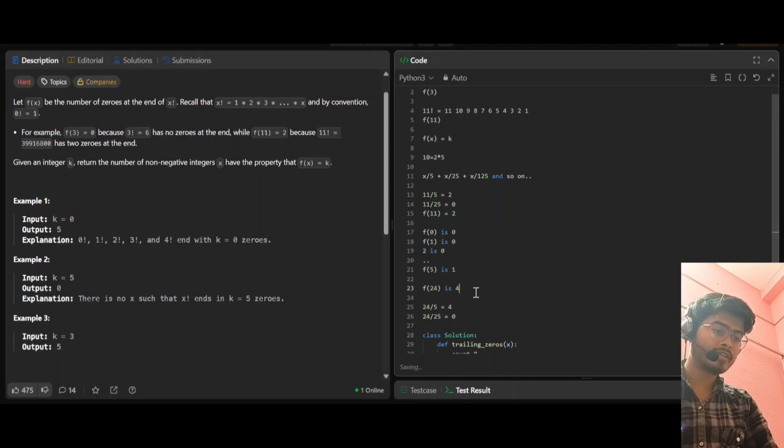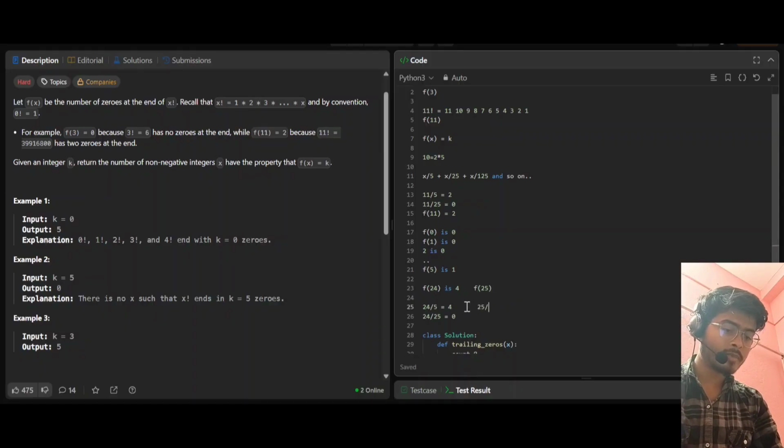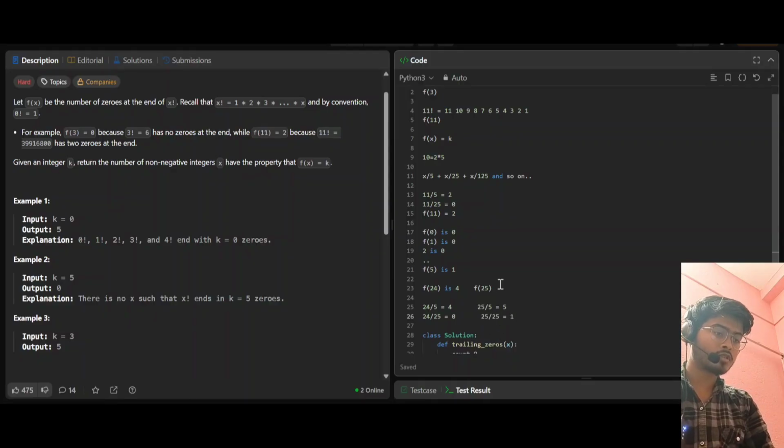Now for 25, we will see f(25). 25 by 5 is 5 and 25 by 25 will be 1. So the total will be 5 plus 1, 6.